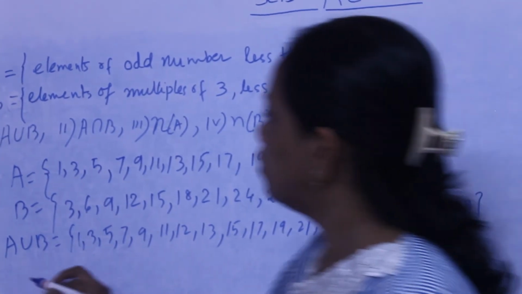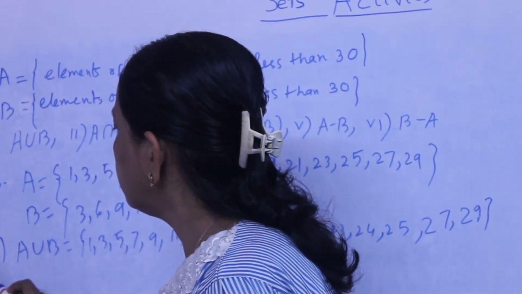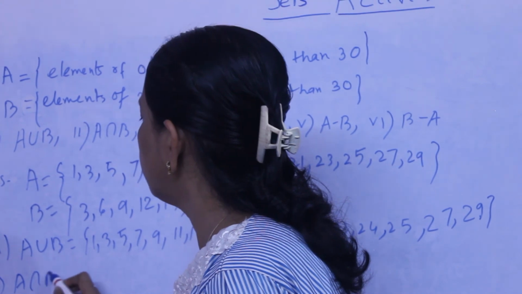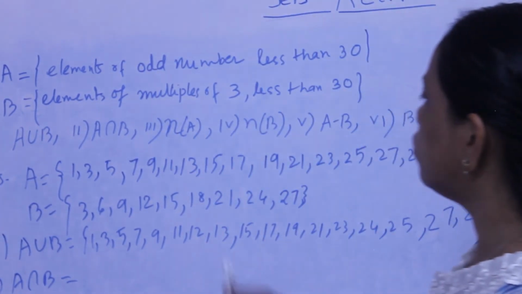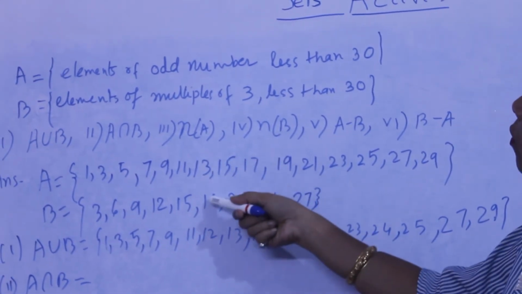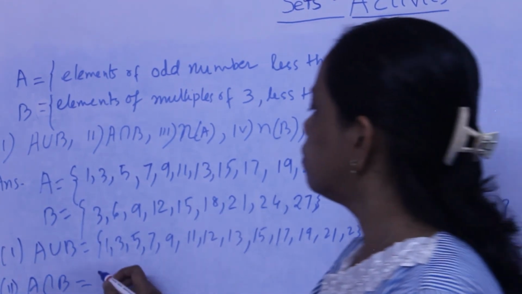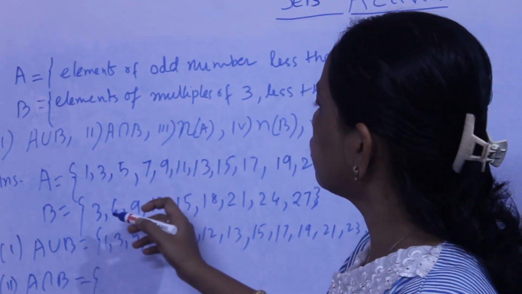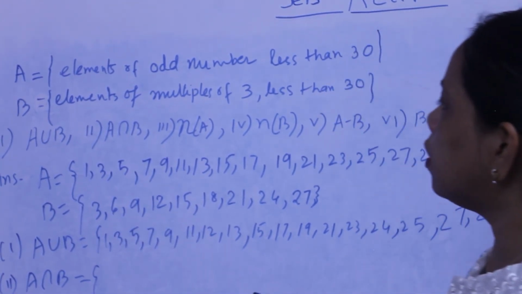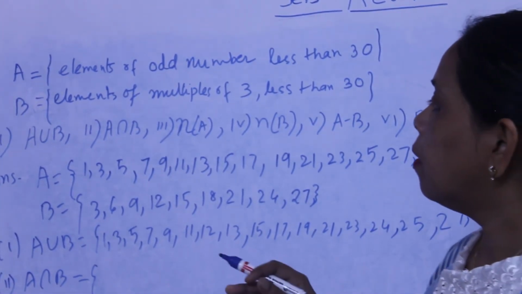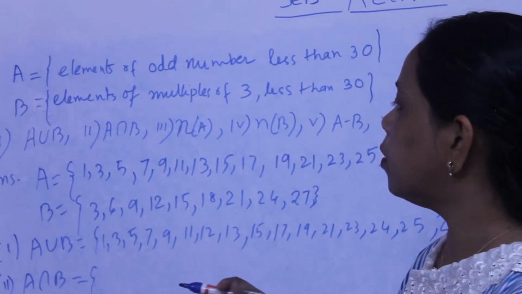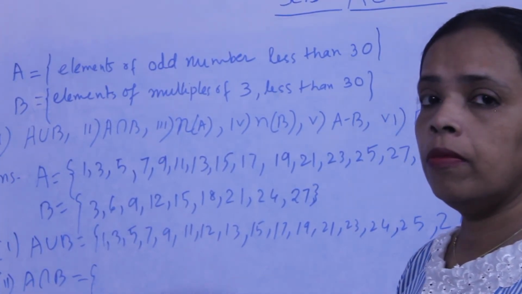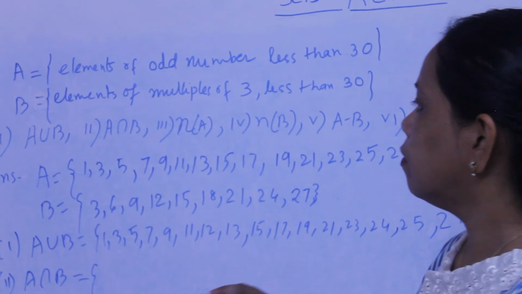Now for A intersection B. What is A intersection B? We have to take the common elements from these two sets and put them here. In the common set, the elements will be odd and multiples of 3.